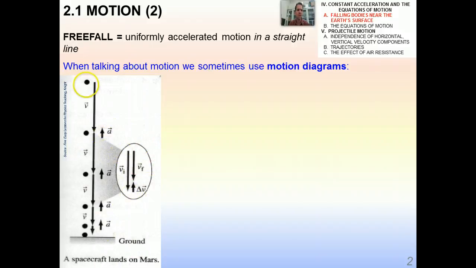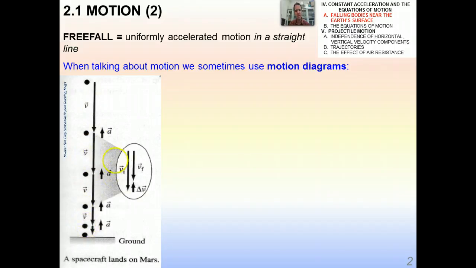In this case, you can almost think about these as dots, like the ticker tape dots we talked about before. The dots simulate the position of a spacecraft as it's landing on Mars, and clearly it's slowing down because the dots are getting closer together.